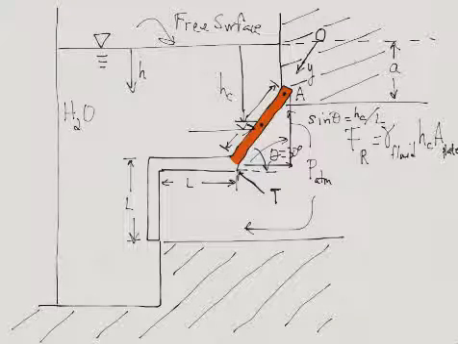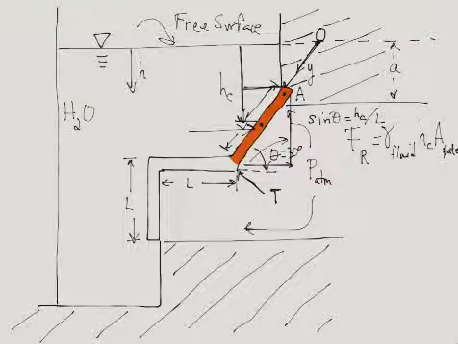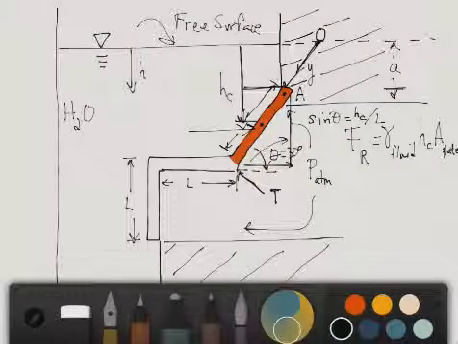But HC is measured from this location, which poses a problem, because we're not starting here for HC. We actually have this other piece from this location down to this location, and that's going to be our A. A actually isn't down here, so let me go ahead and erase that.